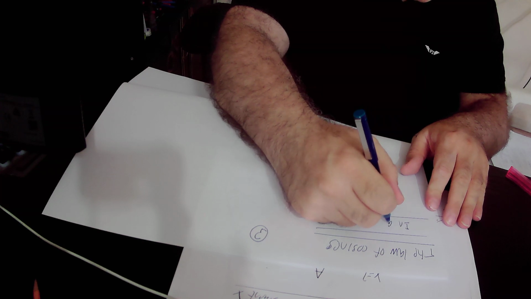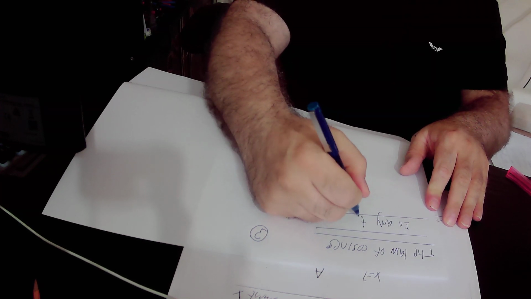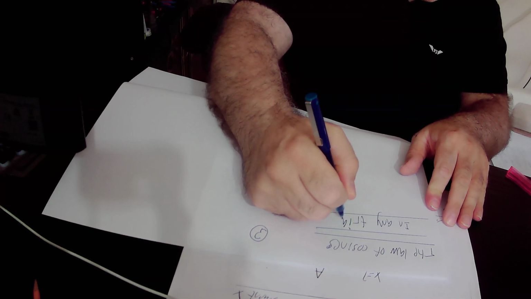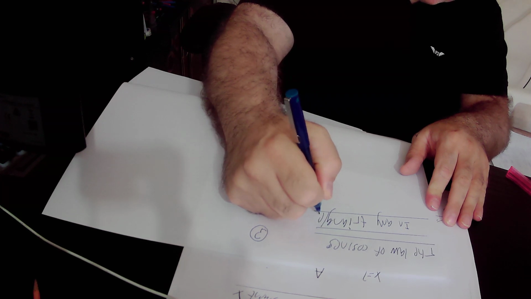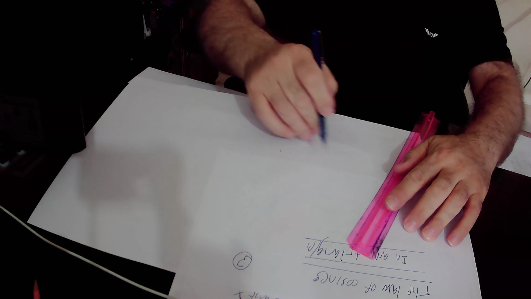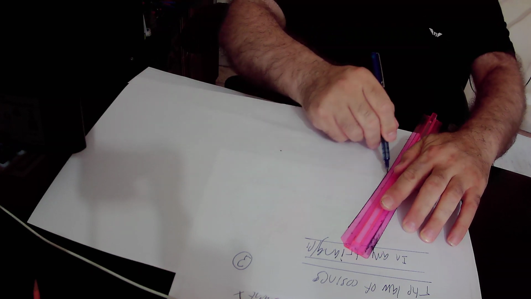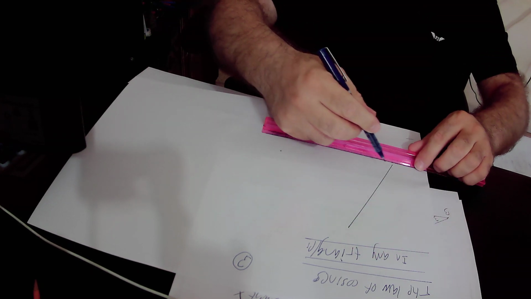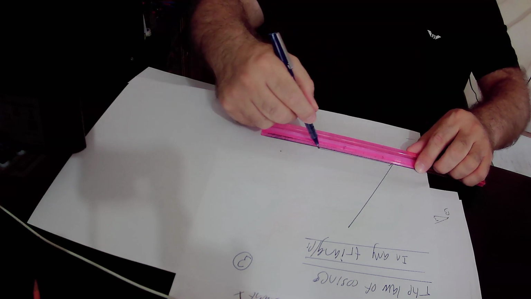So actually, you can write down here: in any triangle. Here, triangle ABC could be any triangle. This is triangle ABC.